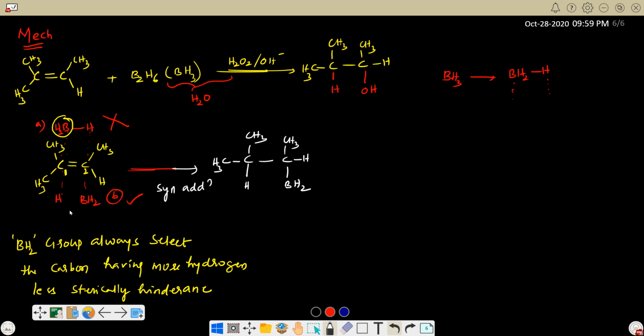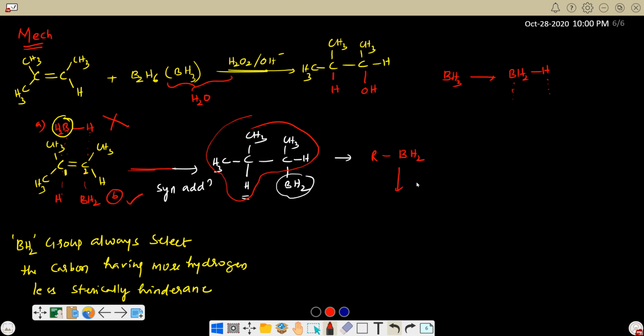Do remember, if you take BD3, deuteroborane, then we should get D here. Do you understand? Any doubt here? Understood, sir. So here BH2, and this boron contains two more hydrogens. This entire unit I can write as R, so RBH2. Correct?